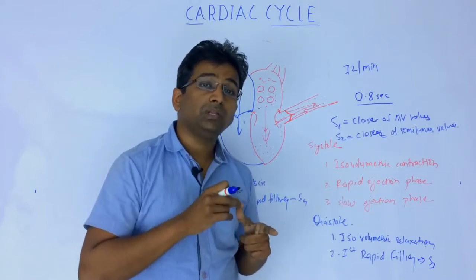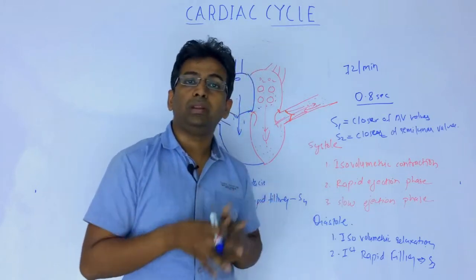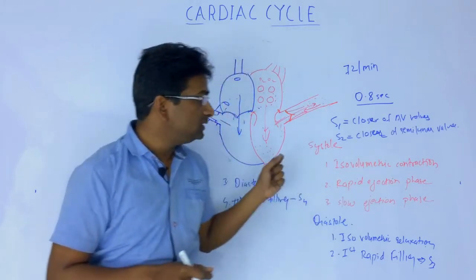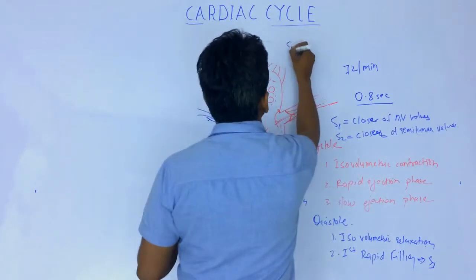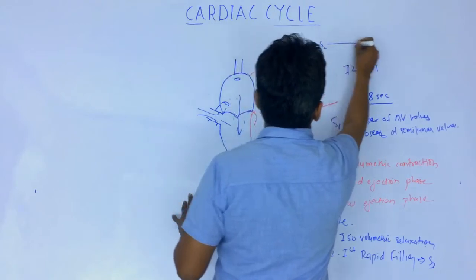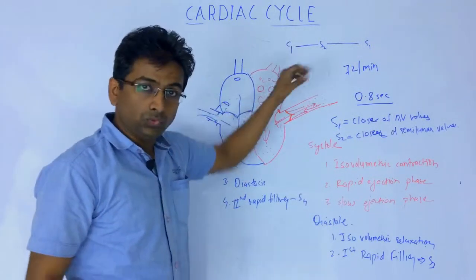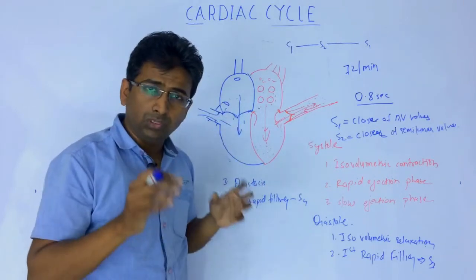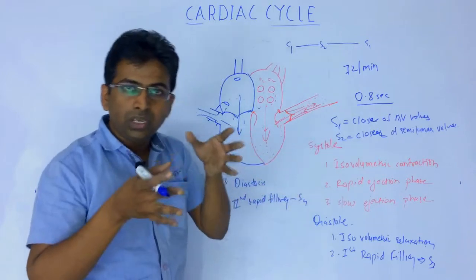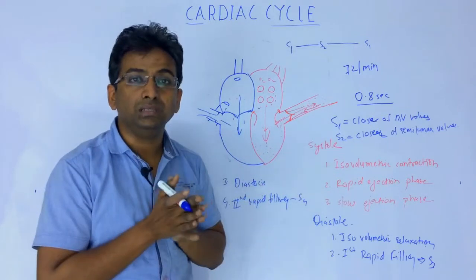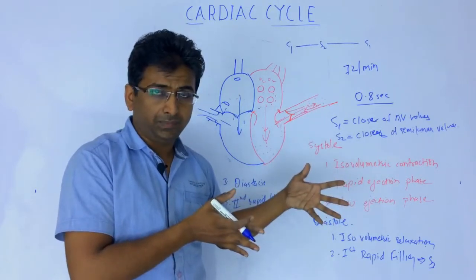Between S1 and S2 the ventricle is contracting, between S2 and S1 it is relaxing. You can hear these sounds with a stethoscope, the lub and dub. So between S1 and S2 is systole, and between S2 and S1 is diastole.